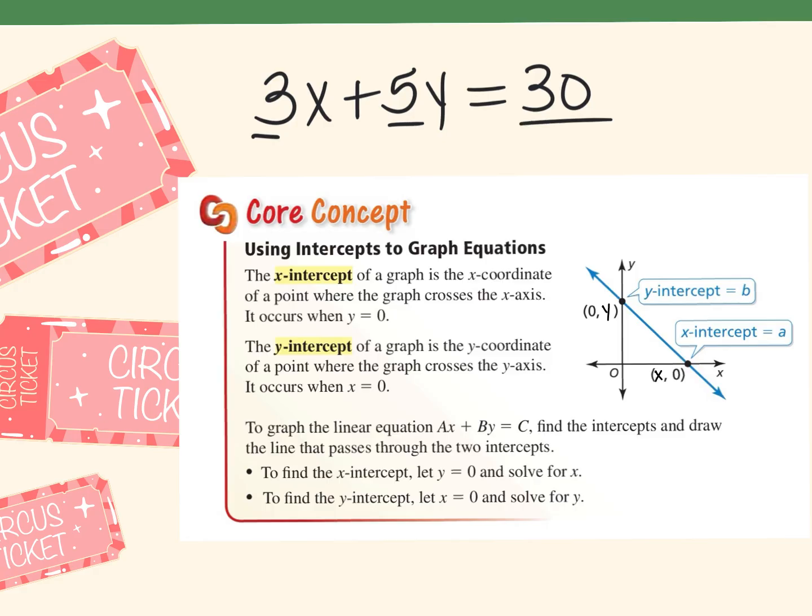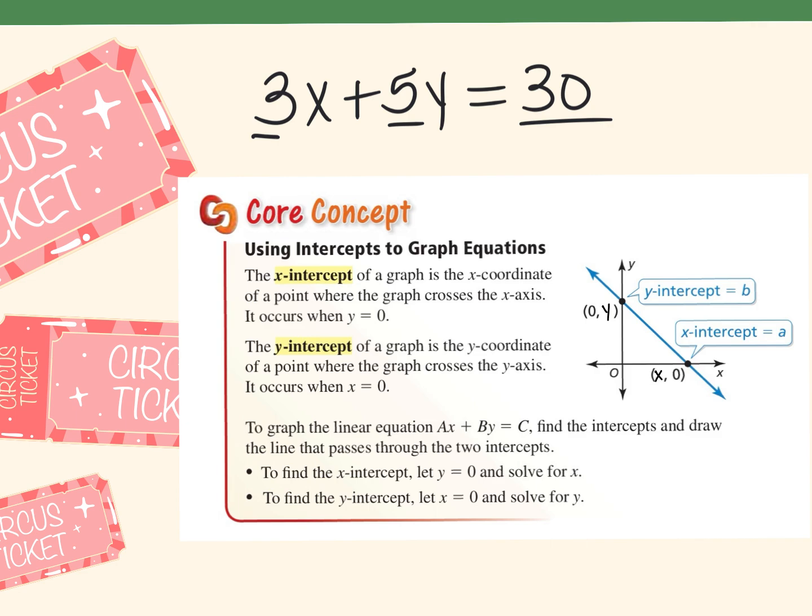That would be standard form. As I was saying, this is standard form, right? What is the a in this equation? 3. The b is 5. And the c would be 30, right? Now, when something is written in standard form, it's easy to graph it, and I'm going to show you how.